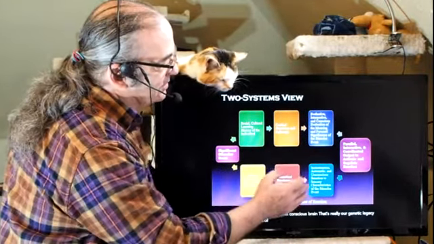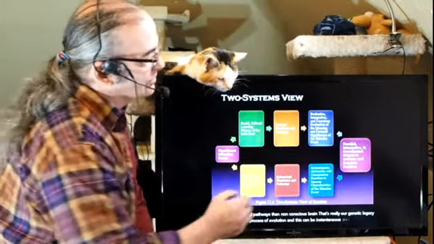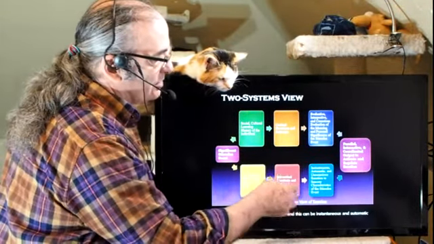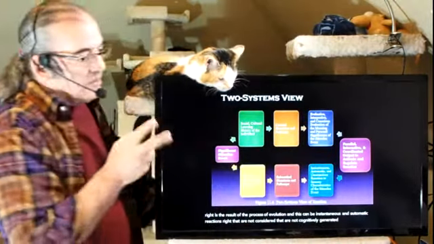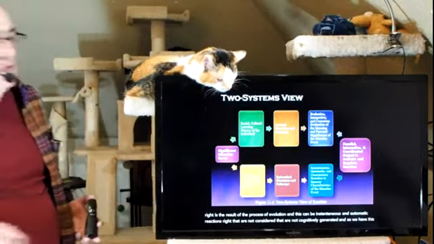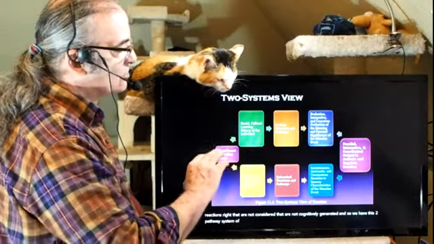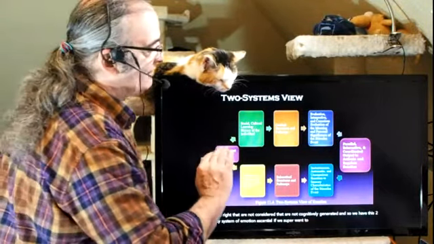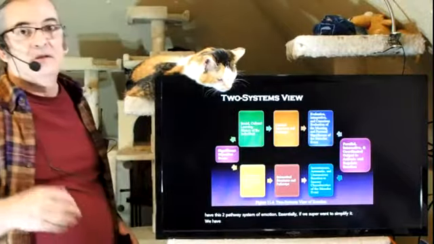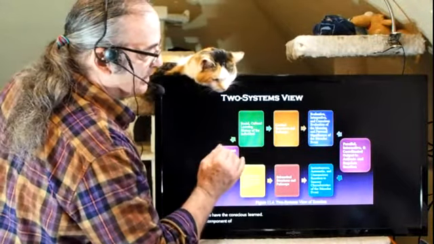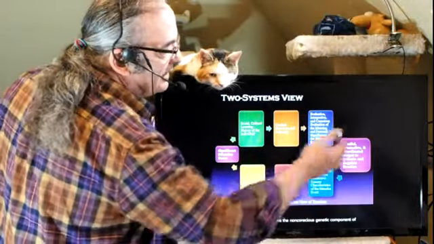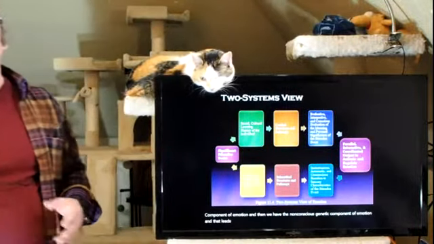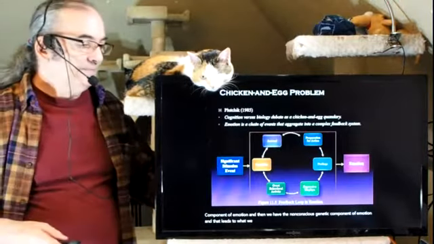And this can be instantaneous and automatic reactions that are not considered, not cognitively generated. So we have this two-pathway system of emotion. If we want to simplify it, we have the conscious learned component of emotion, and the non-conscious genetic component of emotion, and that leads to what we observe as our emotional state.